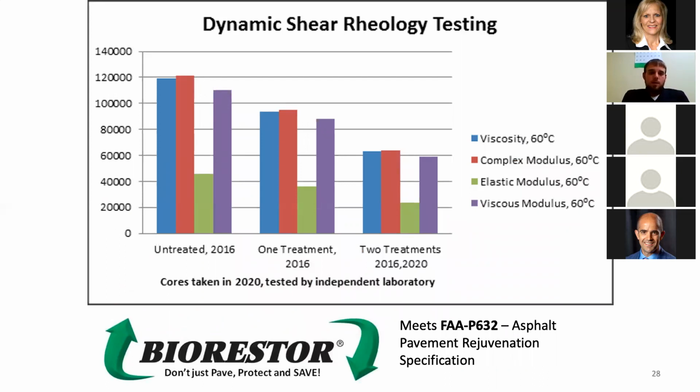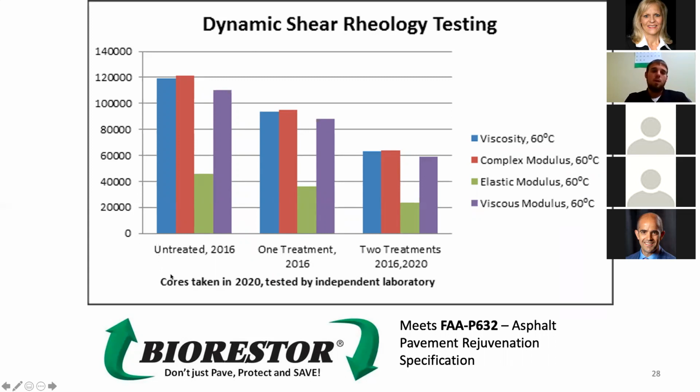This graph shows some DSR testing, or the rheology testing, according to the FAA P632. The viscosity is shown in the untreated section of a 2016 paved road versus the one treatment in 2016, with these cores taken in 2020.